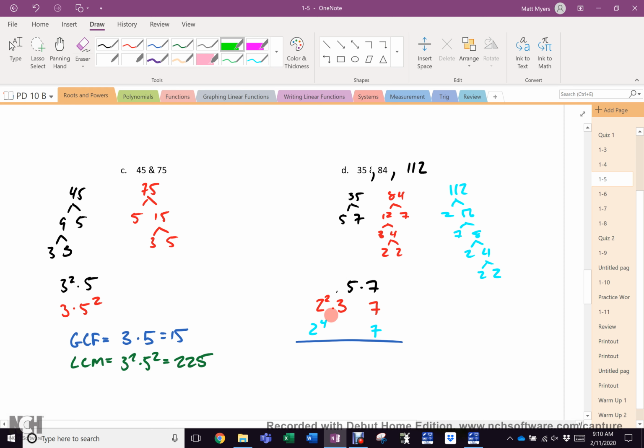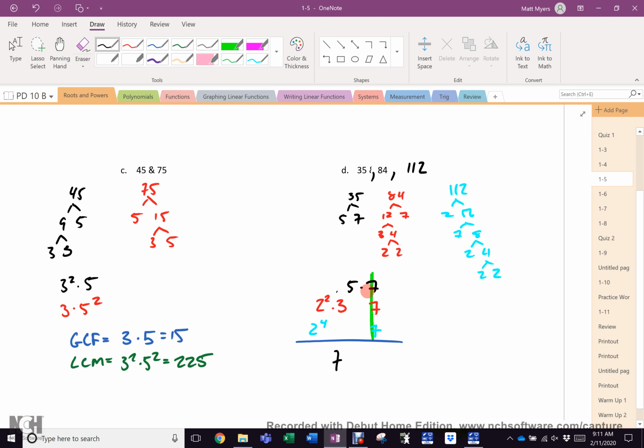So 3 can't be a common factor. Is 5? No. So 5 can't be a common factor. Is 7? Yes. So the GCF has to be 7. Why is it only a singular 7? Because there is only one 7 that is a part of all 3 of them.